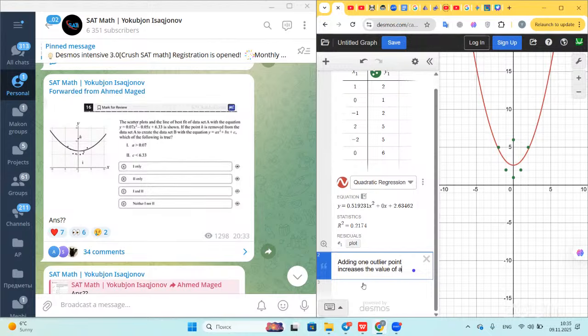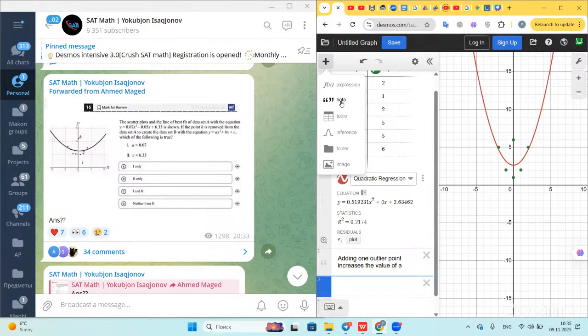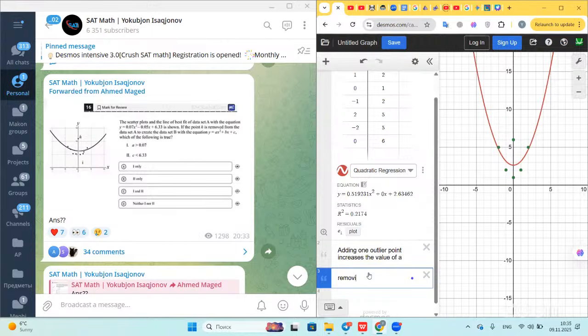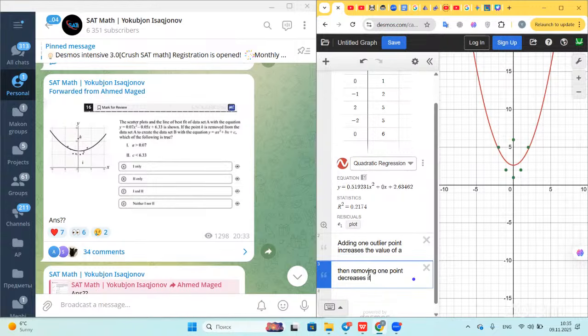Okay, it means removing it decreases it. Wait, sorry, guys, I'm mistaken. Adding one point, you can see in this problem, decreases it, because it was 1 and now it became 0.5. Decreasing.